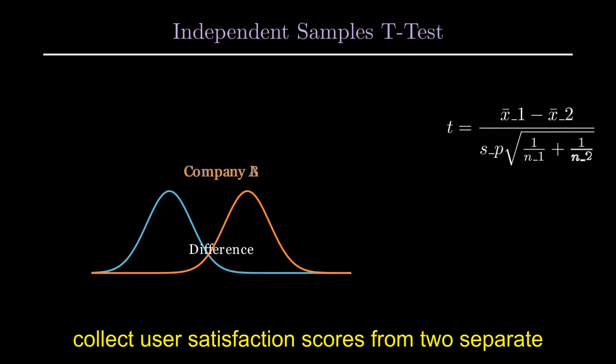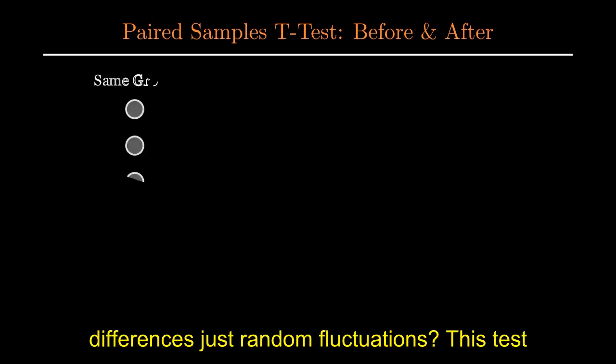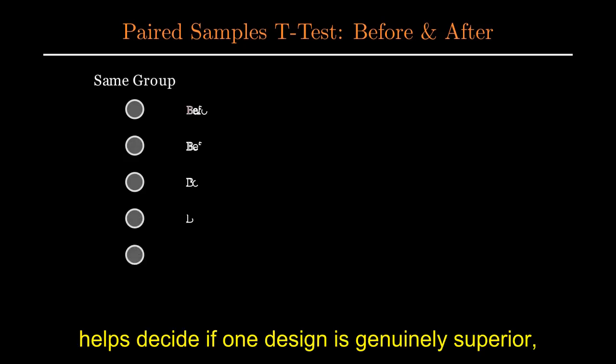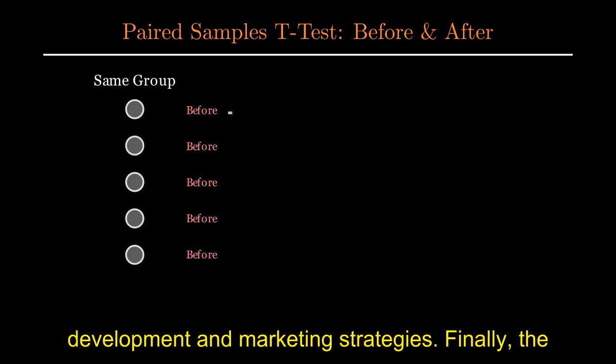They collect user satisfaction scores from two separate groups of users, one for each interface. Is the average satisfaction score for Company A's chatbot truly higher than Company B's, or are the observed differences just random fluctuations? This test helps decide if one design is genuinely superior, influencing massive investment in product development and marketing strategies.